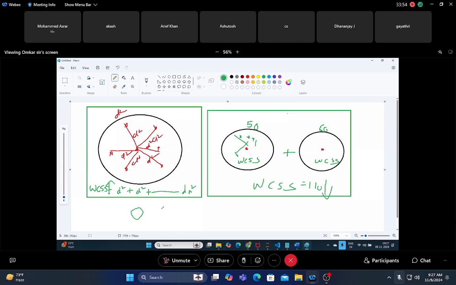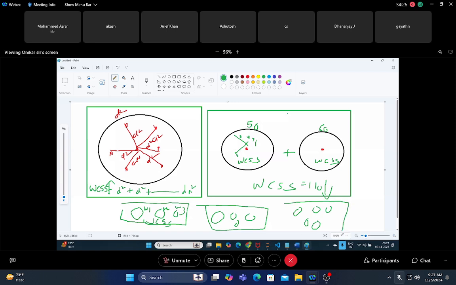Similarly, you calculate again for three clusters: WCSS 1 here, WCSS 2 here, WCSS 3 here, then the total WCSS will come. Suppose you choose like that up to 5 clusters: 1, 2, 3, 4, and then 1, 2, 3, 4, 5.